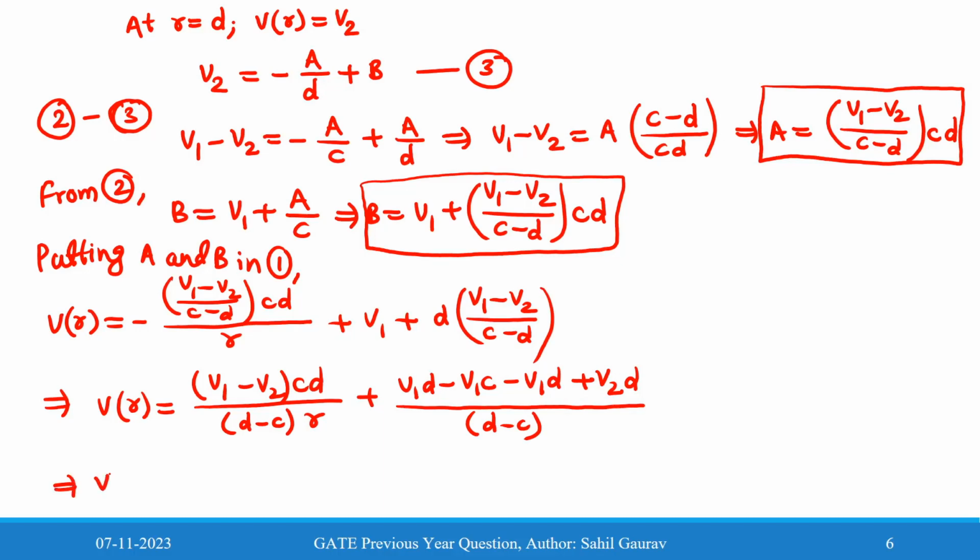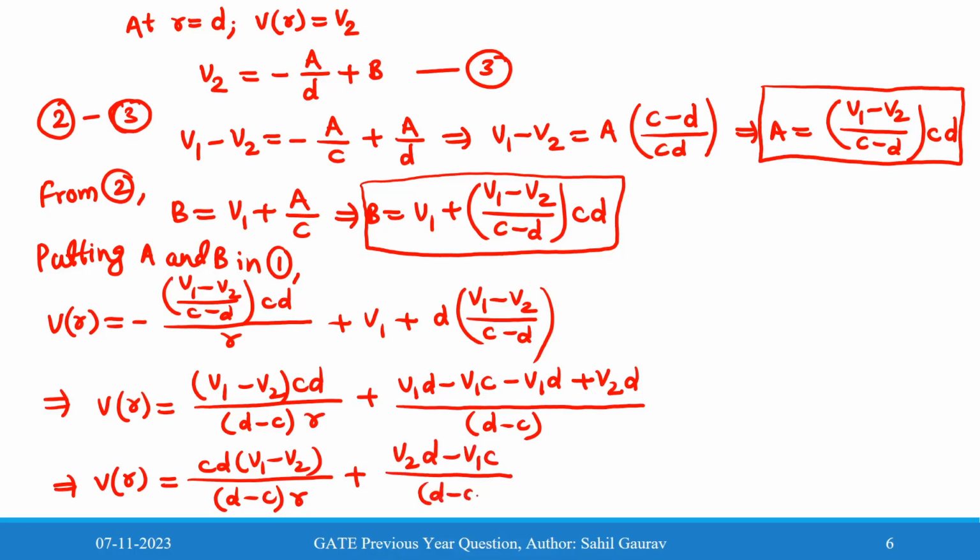So the final expression we will get, V(r) is equal to cd(V1 minus V2) divided by (d minus c) r plus V1 d gets cancelled out, so (V2 d minus V1 c) divided by (d minus c).